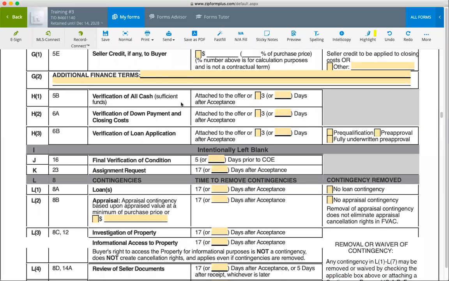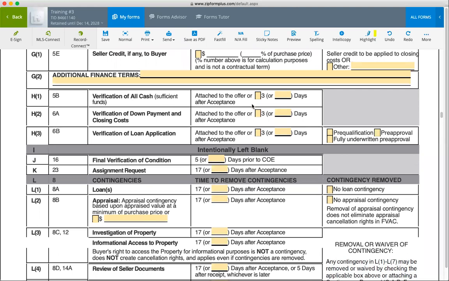So you would attach statements from banks or stock accounts or things like that that would indicate that the buyer has enough cash to close on the transaction. Typically, you would take a statement that the buyer would give you and black out the account numbers and things like that, so you just have the buyer's name and the amount.